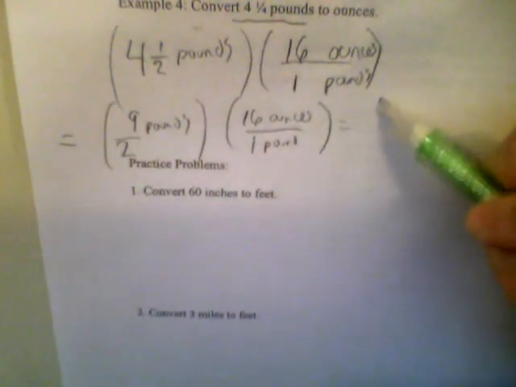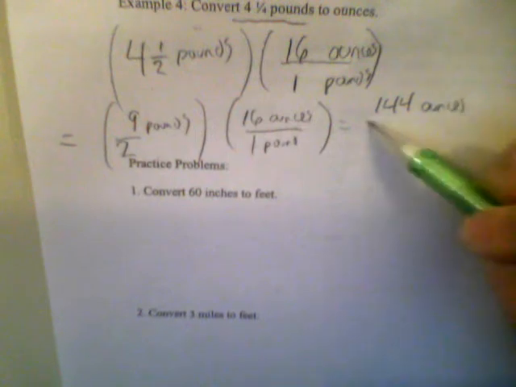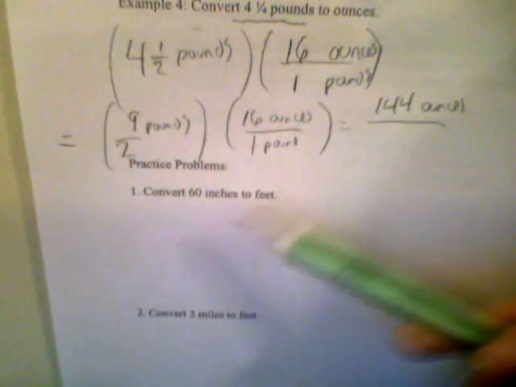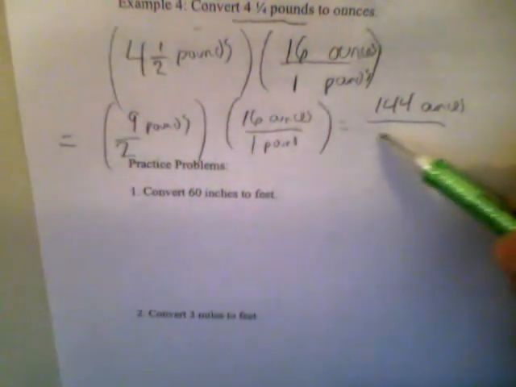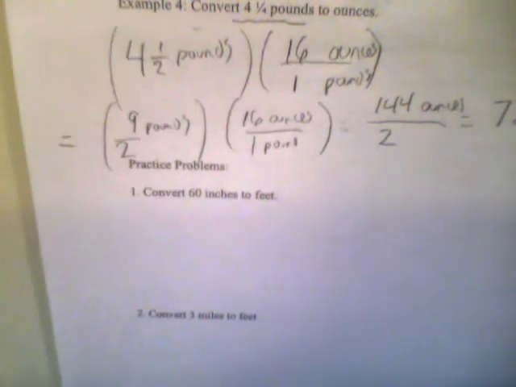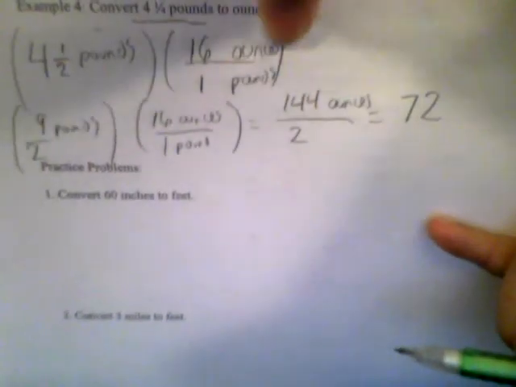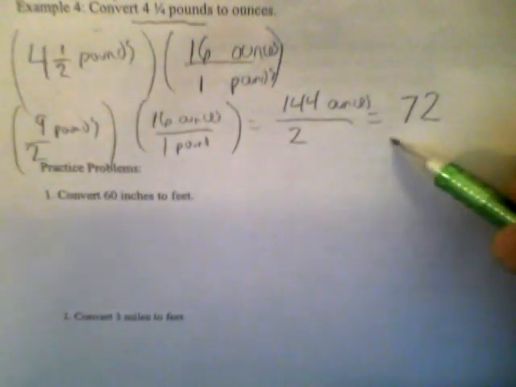So my numerator is 144 ounces over 2 times 1, so 2 times 1 is 2, over 2. 144 over 2 reduces to 72. So let me scoot my paper over really quickly. So my final answer is just 72 ounces.